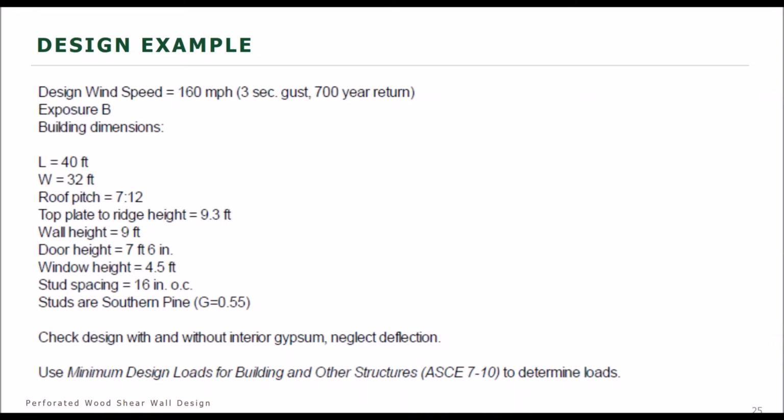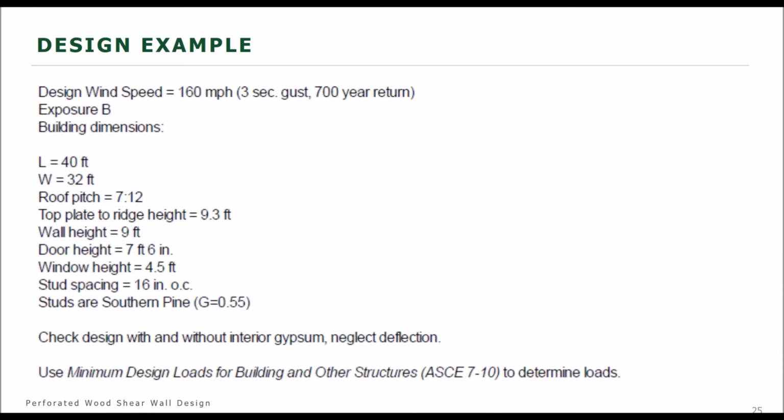So our example structure is a 2-story structure in a 160 mile/hour wind zone, exposure B. Our building dimensions: the length of the wall that we're designing is the L dimension, that's 40 feet. The length of the wall perpendicular to that, into the plane of your screen, would be 32 feet. We have a roof pitch of 7 and 12 and a top plate to ridge height of 9.3 feet.